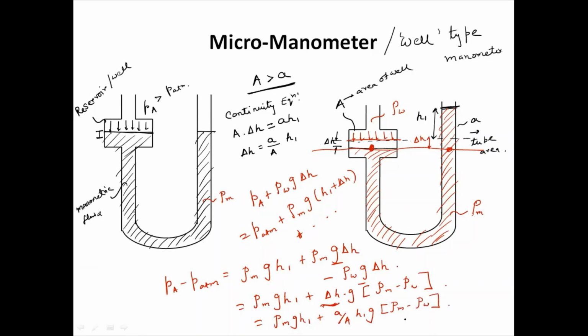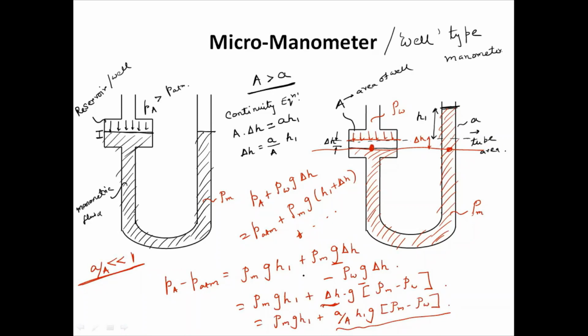So this kind of equation will come here. If a by A is much less than 1, much less than 1, then you can neglect this term. You need not consider this term.